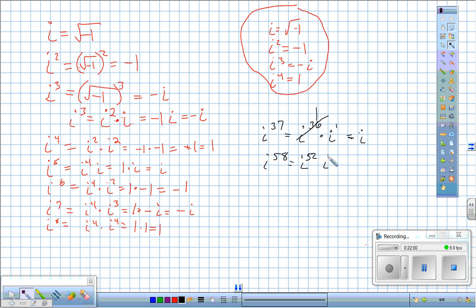I need all my exponents to add up to 58. Then 4 more would get me to 56, and 2 more would get me to 58. So these will both go to 1, and I'll be left with I squared, which is really negative 1. So I would write I to the 58th equals negative 1.